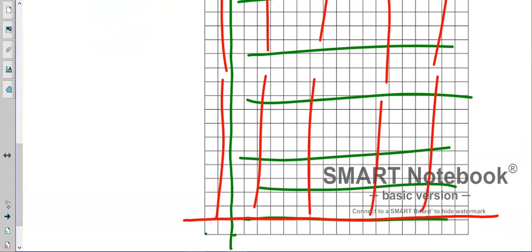It's up to you. I'm going to do another color here. 1, 2, 3, 4, 5, 6, 7, 8, 9, 10, 11, 12, 13, 14, 15. And 1, 2, 3, 4, 5, 6. Okay.